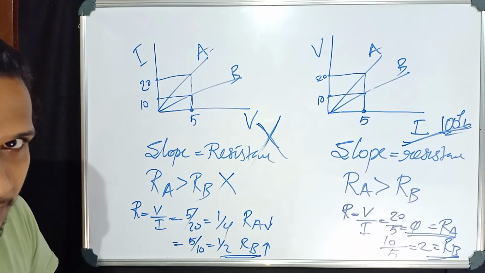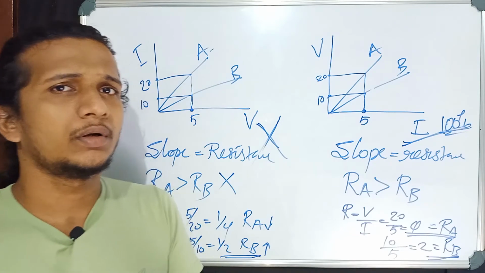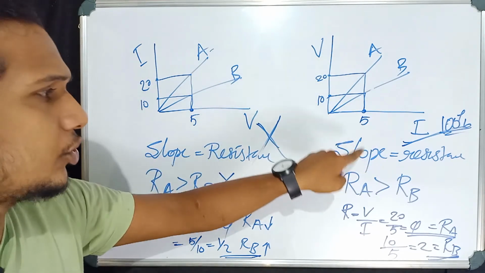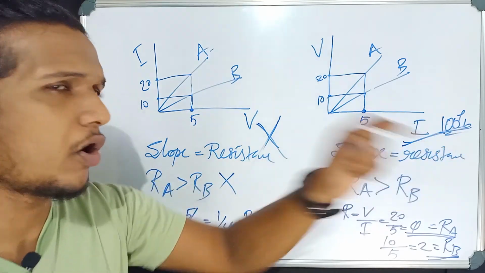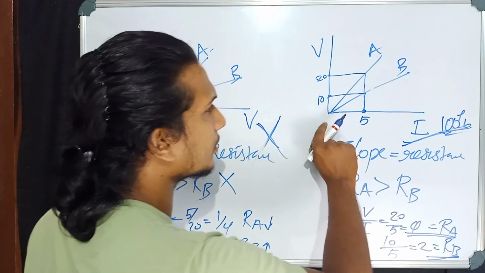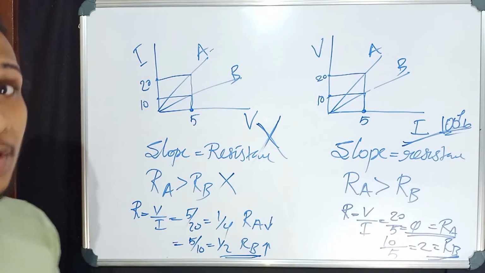That's because of this; write this statement in your notebook. For a given VI graph, slope equals resistance only and only if current is on the x-axis and voltage is on the y-axis. What is the condition?